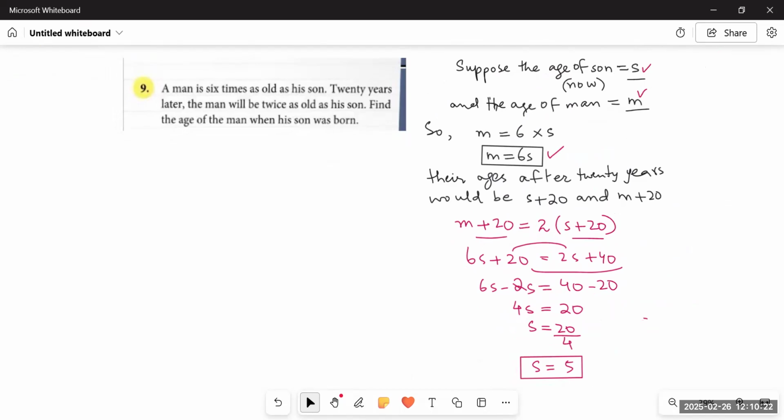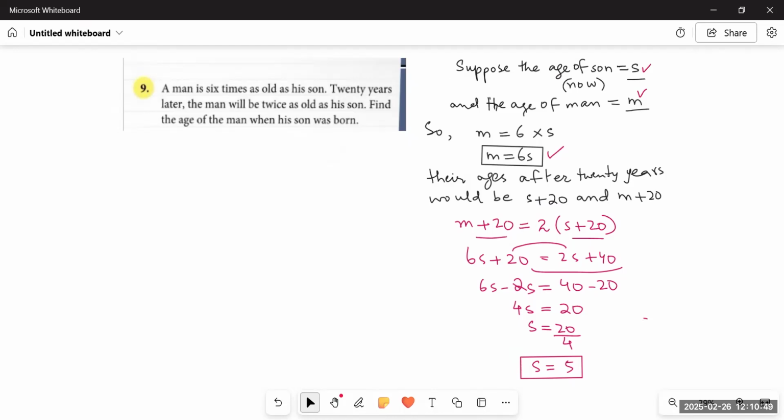If you read the question once again, you'll see that we supposed the age of the son now as S. It means the son is 5 years old. So if the son is 5 years old right now, his father would be 6 times his age, that is 30. So the age gap between them would be 30 minus 5, which is 25.